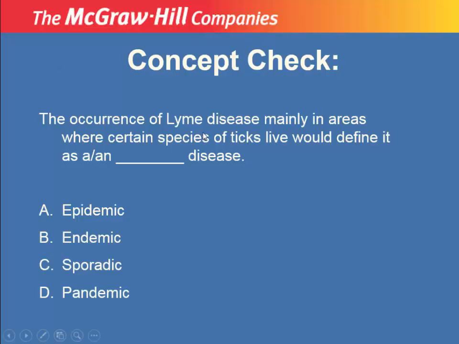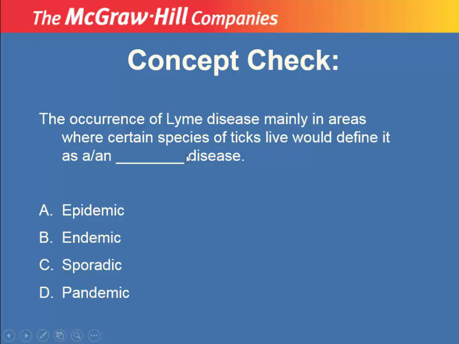So Lyme disease, if it occurs mainly in areas where there are ticks, how would you describe this sort of disease? So it's only taking place where a certain species of ticks would live. It would be considered an endemic outbreak, because an epidemic outbreak would be higher than normal thresholds. Sporadic would be all across the nation, would not have any type of association with a distinct species of tick.